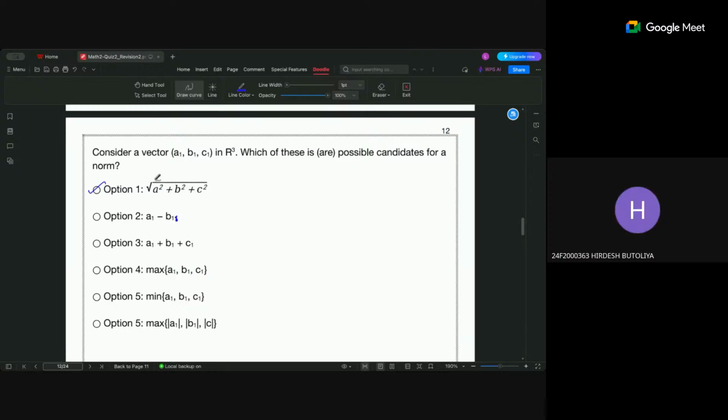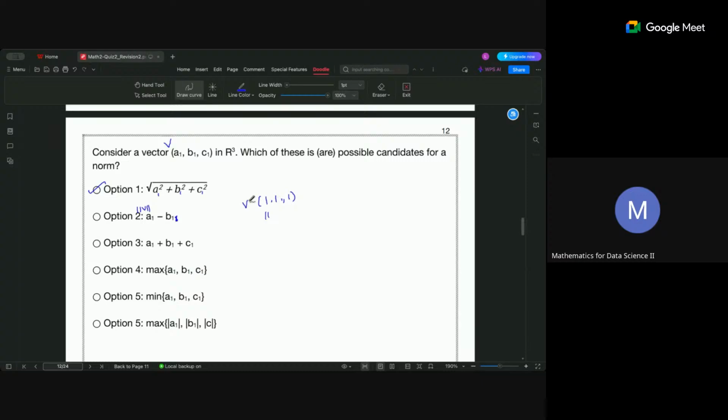So this is just B1, A1 minus B1. What does it mean? You have a vector, so let us call this V. Your norm of V is this. But let us say you have a vector A1, B1, and let us say 1 here, maybe 1, 1 here.